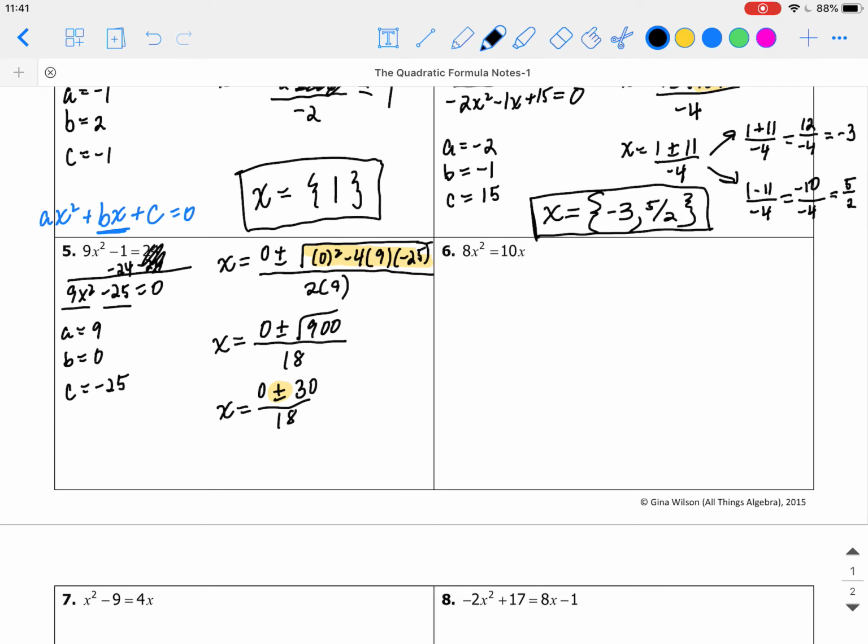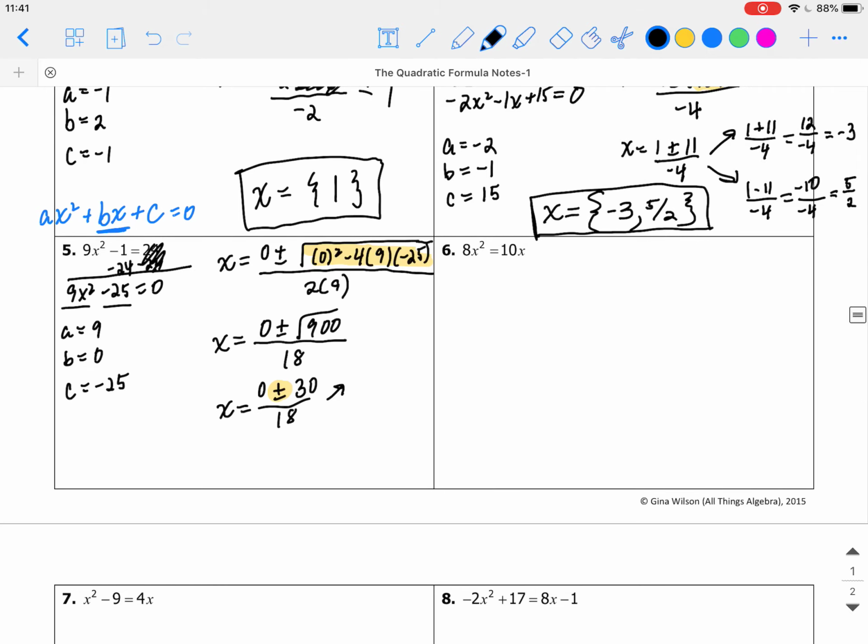And the reason why is because we will have plus 30 over 18, and we will also have minus 30 over 18. And again, these are fractions that the number on top and on bottom are both even. So they can definitely simplify, and these both will simplify to be 5/3. So the first one will be a positive 5/3, and the one on the bottom will be a negative 5/3.